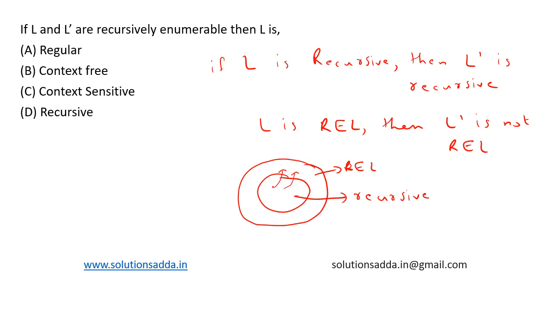The complement of REL is not closed, but the complement of recursive is again recursive. Based on these two properties, if L and L complement are recursively enumerable, then the language L is recursive. Option D, recursive, is the correct answer here.